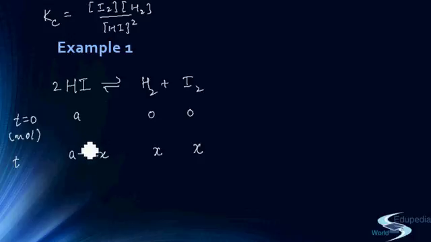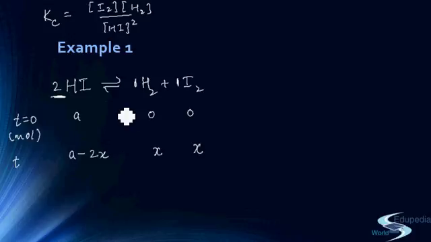That means the stoichiometric coefficient of HI here is 2, so it will be consumed in twice the amount as the formation of H2 or I2, because their stoichiometric coefficients are 1 and 1 respectively. So consumption and formation of components in a chemical reaction depend on their stoichiometric coefficient in the balanced chemical equation. That is why the balancing is so important here while calculating Kc.